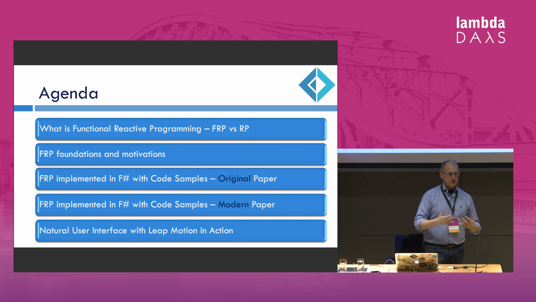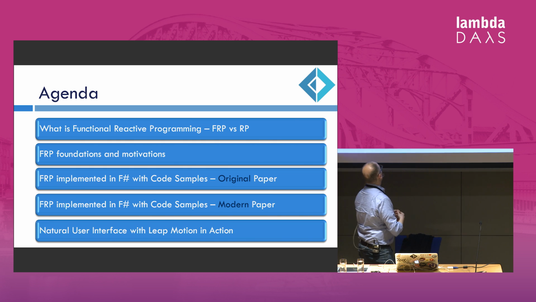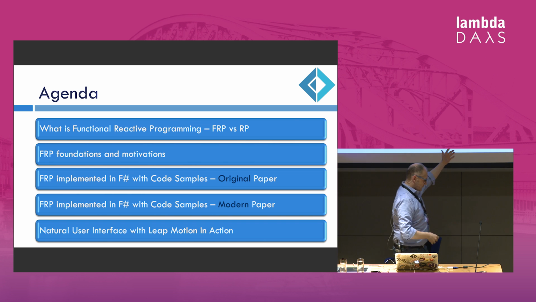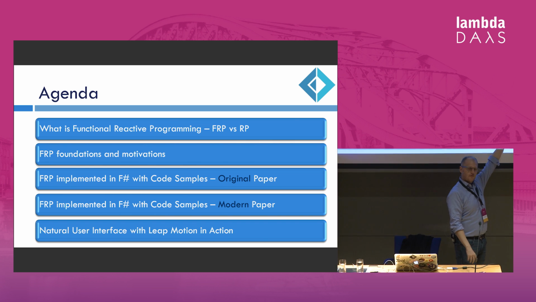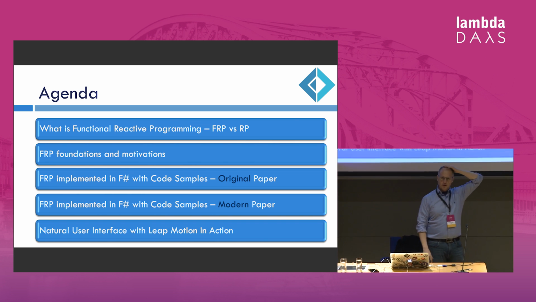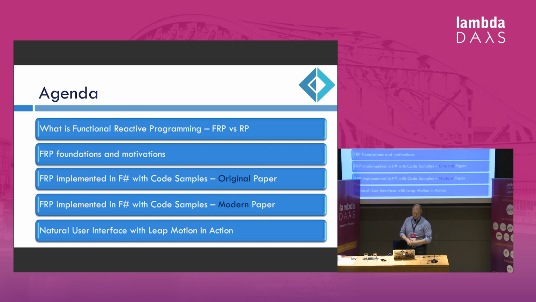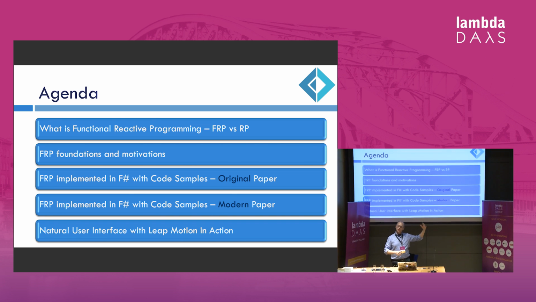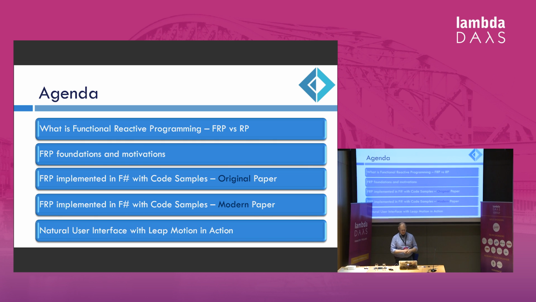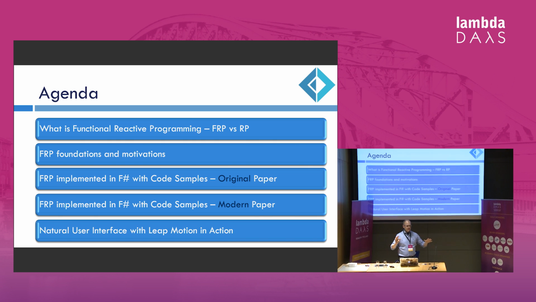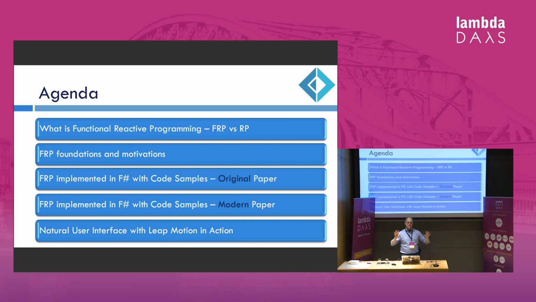Then the foundation and motivation behind functional reactive programming, and then we're going to cover two different implementations, one from the original paper and one from the more modern paper on FRP, and it's going to be more clear in the following slides. I will try to keep the presentation about 50% theoretical, and then jump into the code and see some code samples.